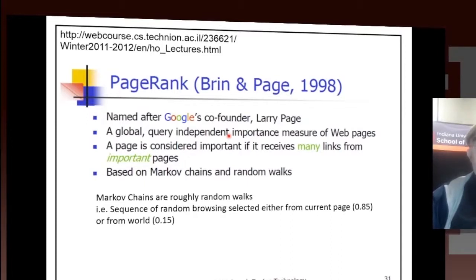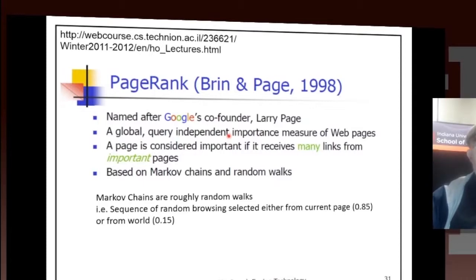And we look at what happens when we have people or agents moving through the internet, and at any stage they're on a page, then they select equally from all the links on the page another page and go to it. They do that 85% of the time. So any one page is gone to with probability 0.85 over the number of links on the page, or else it goes elsewhere 15% of the time.